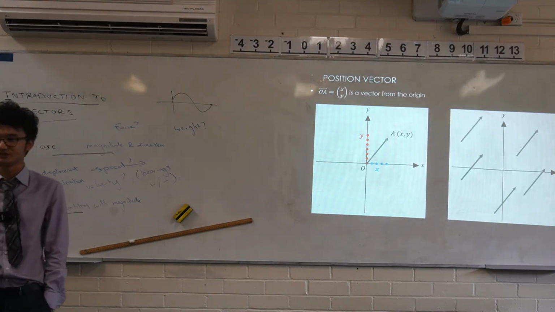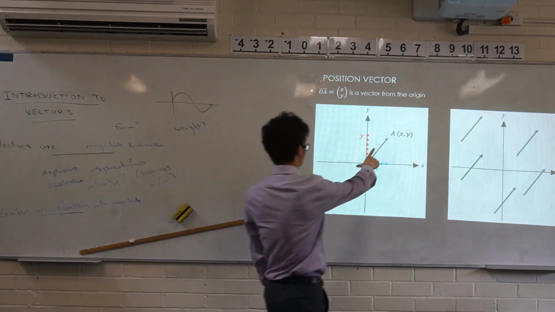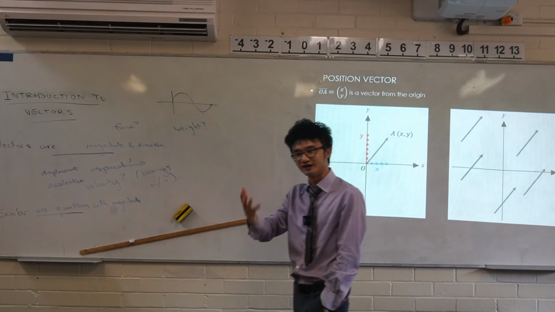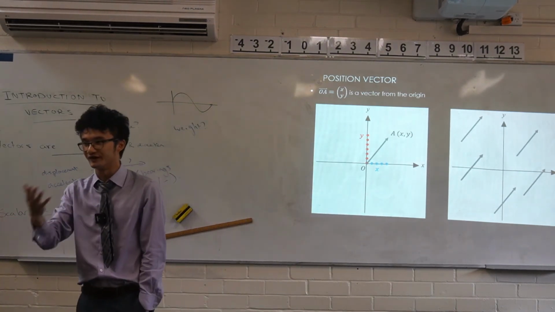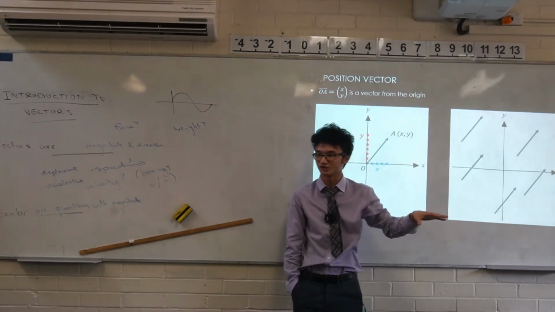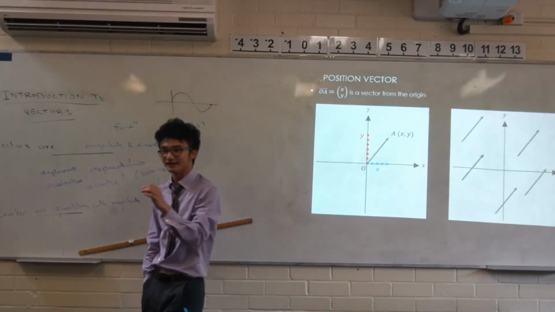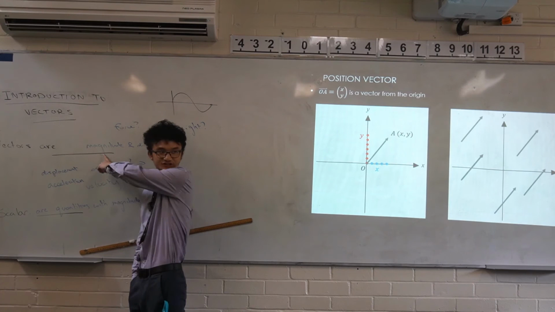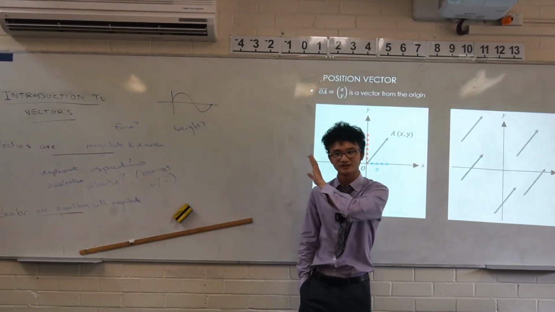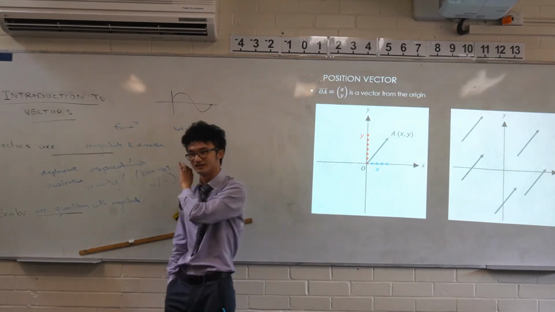I think we're pretty happy the magnitude is the same, as they all look the same length. But how do we define the direction of a vector? Does moving it around the Cartesian plane change it at all? I think the answer is to go back to the first definition: vectors have magnitude and direction. As long as the vectors have the same magnitude and direction, they are the same.